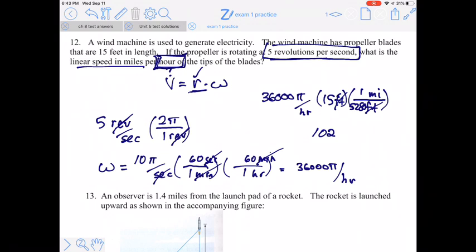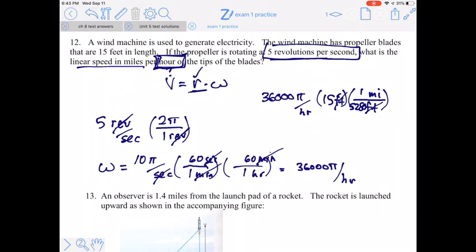And if your calculator doesn't have a nice, easy pi button, then just multiply it by 3.14. It's going to be close enough. Some students got different numbers, because we didn't have pi in our 102 at first.